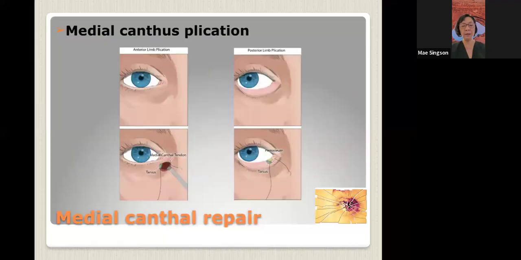Next slide, please. So the medial canthal plication, because you have an anterior limb and a posterior limb, will require also an anterior correction and a posterior correction.